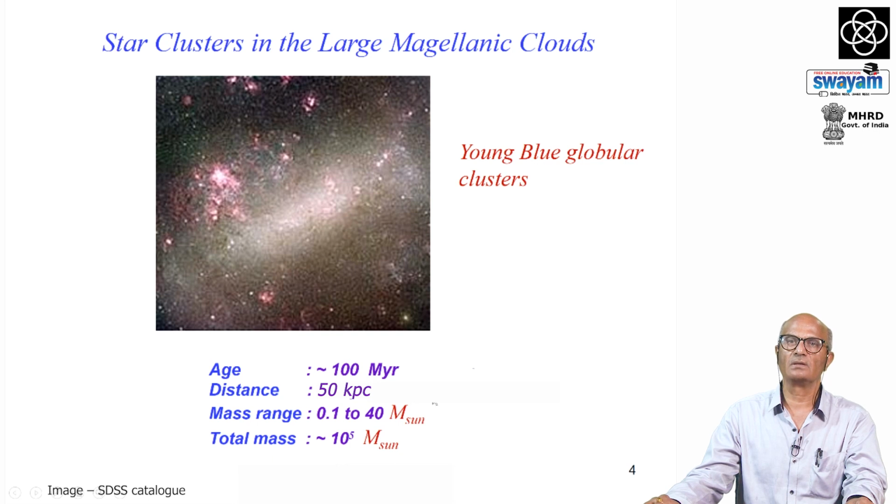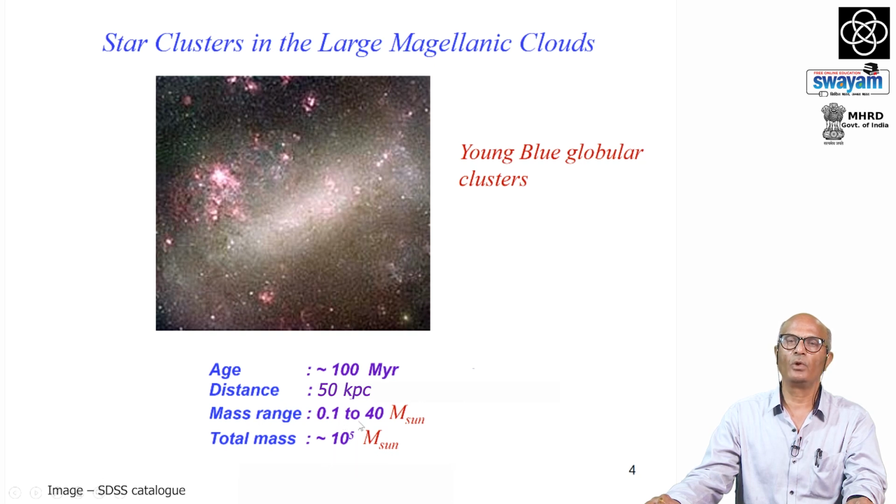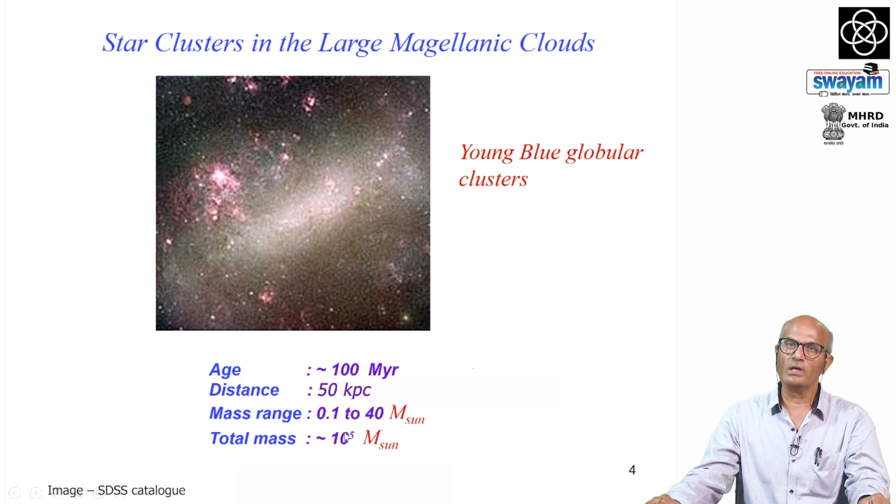In this case, these young clusters are about 100 mega years old, the distance of the LMC is about 55 kpc, and the mass range is again 0.1 to 40 solar masses. In this case, the total mass of the system is much larger than for young clusters in our galaxy, of the order of 10 to the power 5 solar masses.